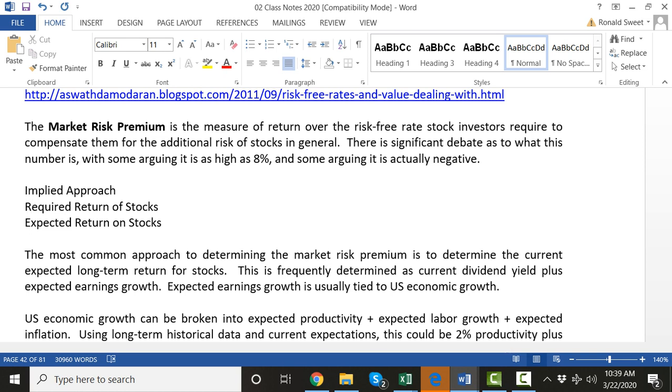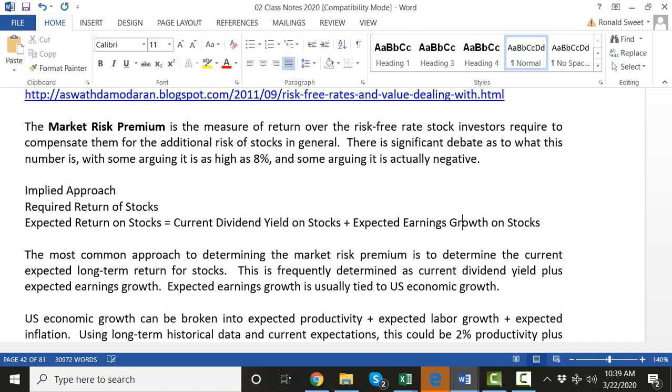We don't know what it is. There's no formula for it. But we can calculate the expected return on stocks. The expected return on stocks is the current dividend yield on stocks, which right now is about 2%, plus expected earnings growth on stocks.